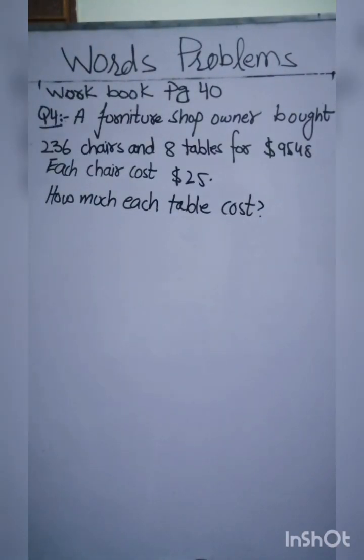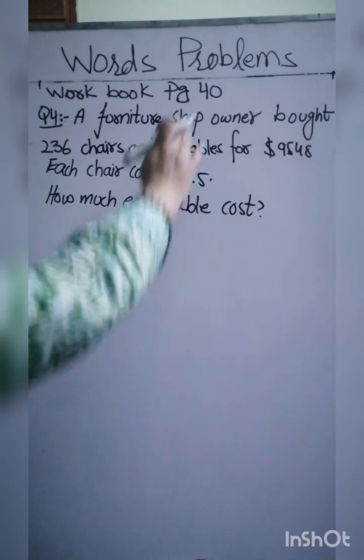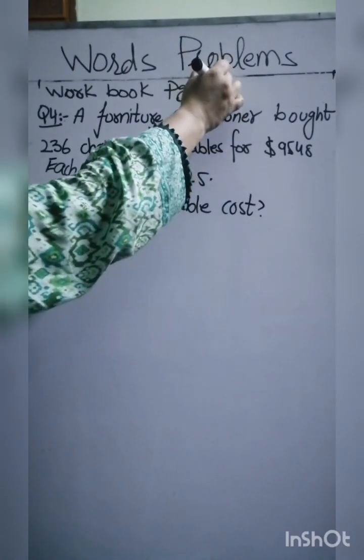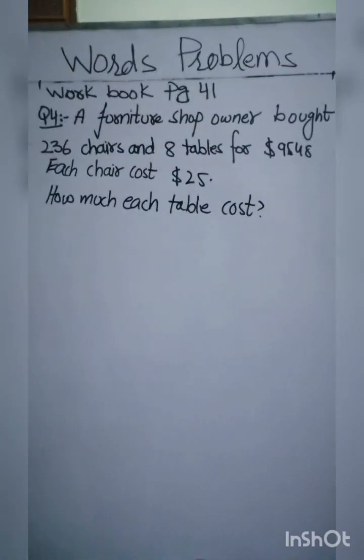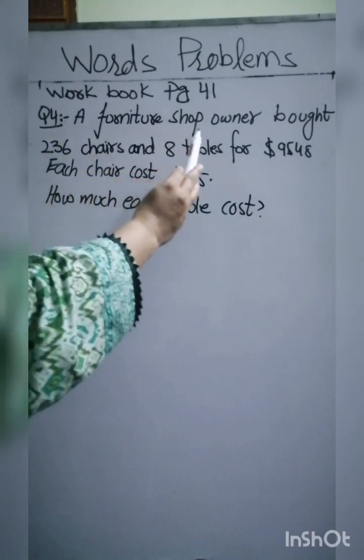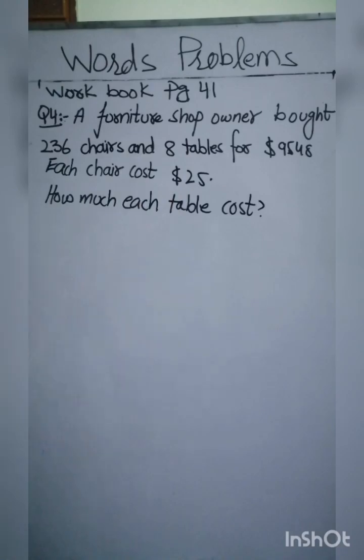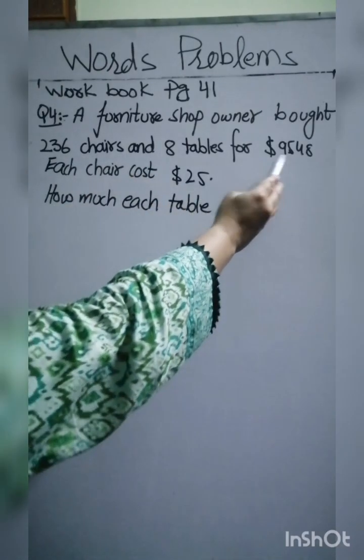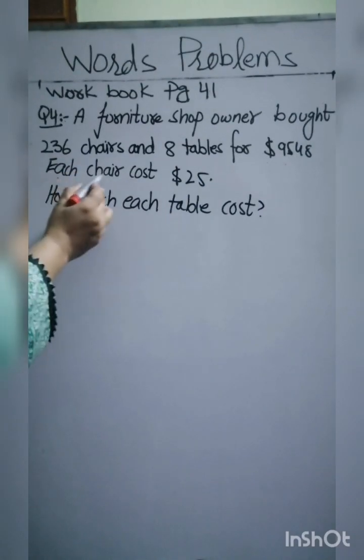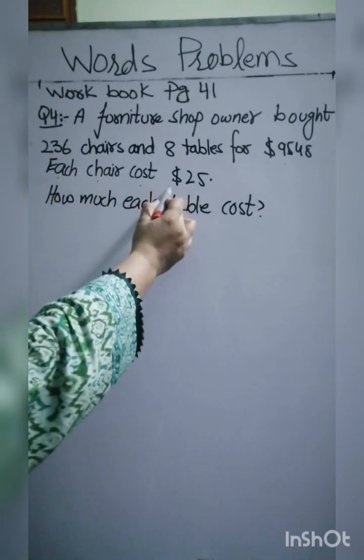This is your question number 4. Question number 4 from your workbook, page number 41. A furniture shop owner bought 236 chairs and 8 tables for $9,548. Each chair cost $25.